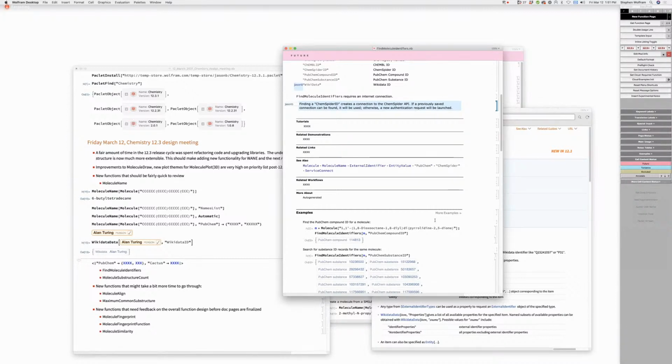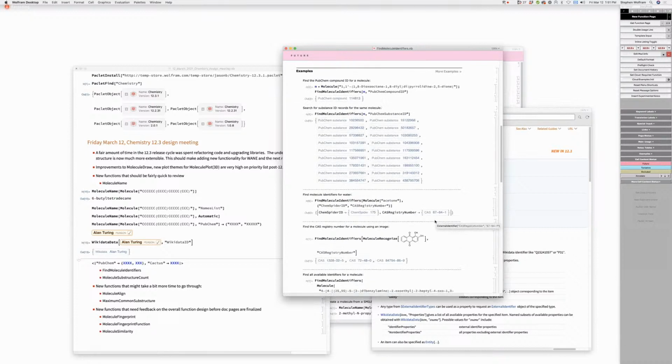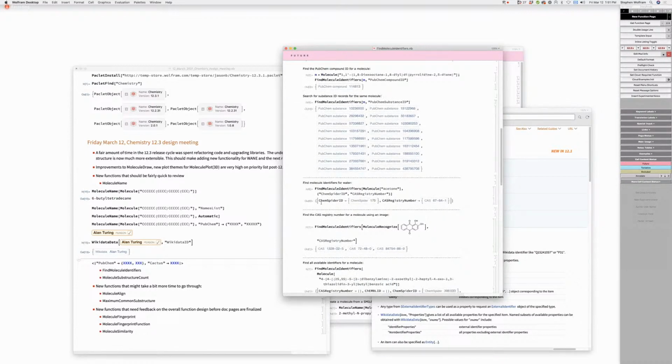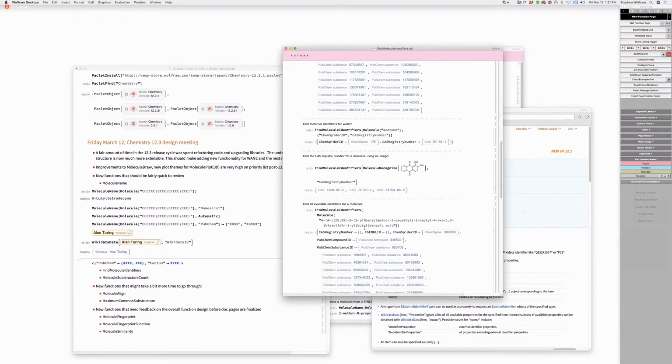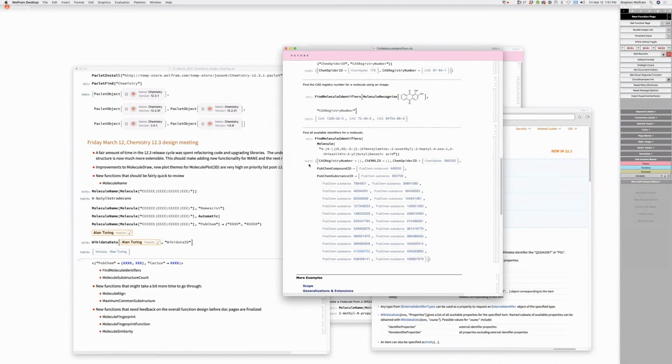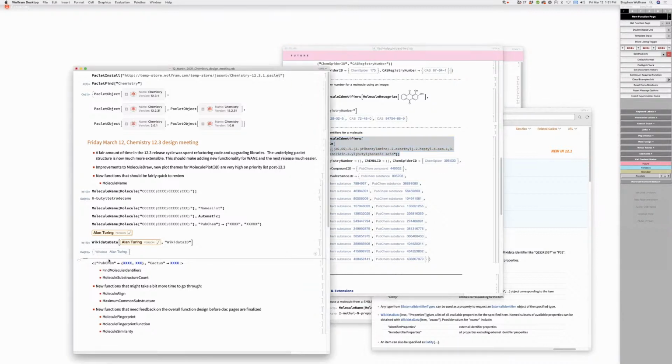If you scroll down, there's an example, I believe. Find all available is at the bottom. You might have picked a simpler molecule, then there might have been fewer. It was tricky. I first chose water, and there are a lot of substance records deposited for water.